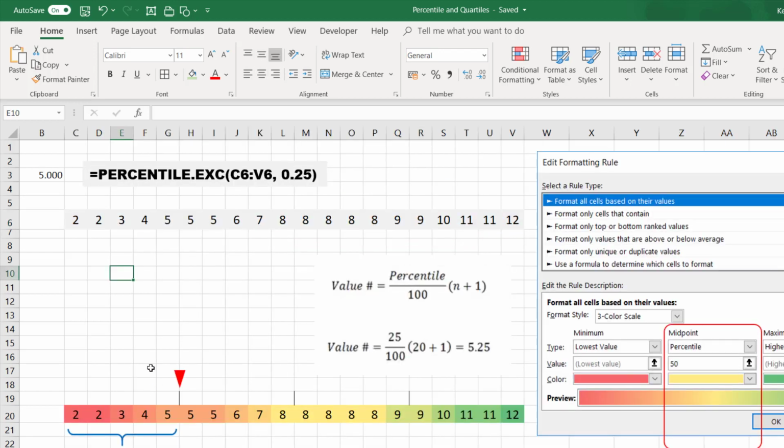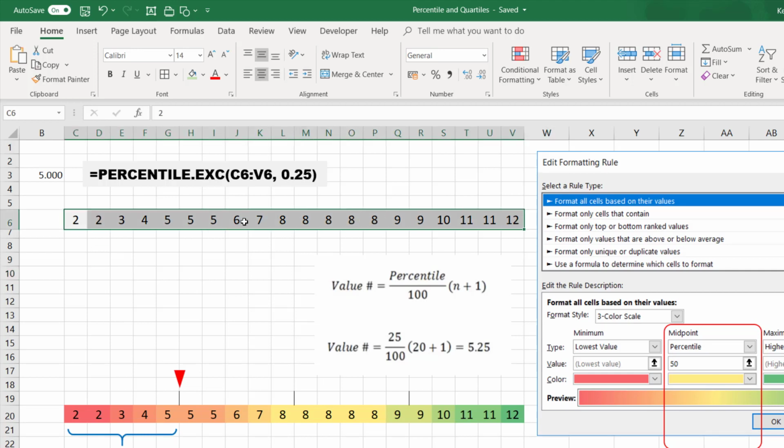Next, percentiles. You have a list of numbers and you want to know the 25th percentile. The 25th percentile is equal to which value? If you take a look here, you divide the list into four parts, which are the quartiles. This is the first part, the second part. I'll explain the quartiles later.